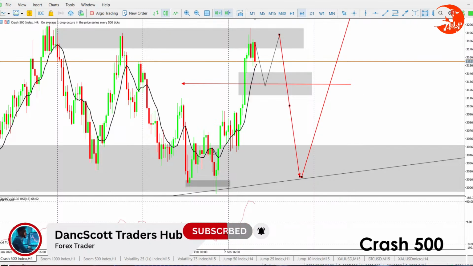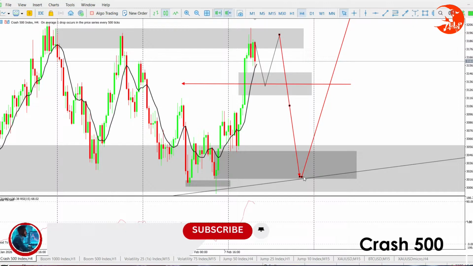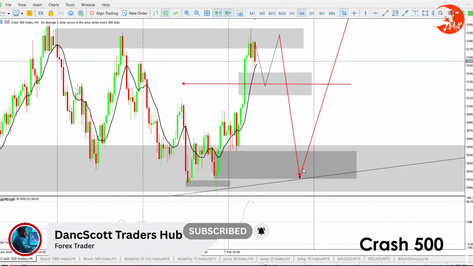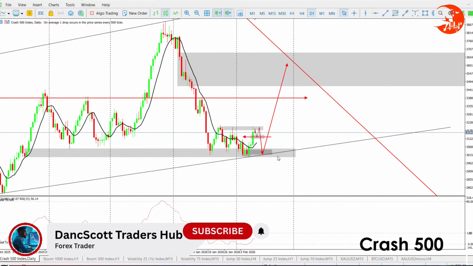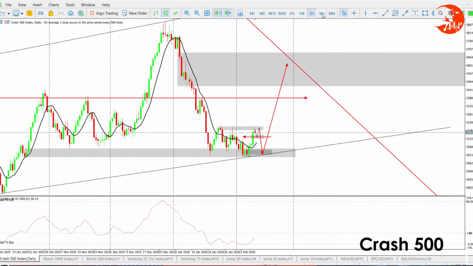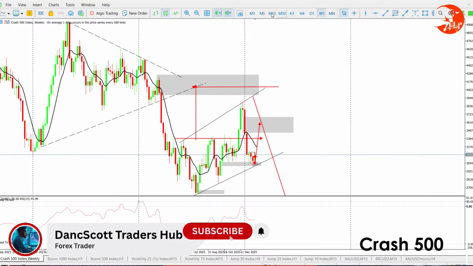In fact, I'm seeing something like that. May react to that, and then we get back in with buys according to daily time frame. So H4 we are going to sell, but then after that, according to daily, we'll be looking for buys, taking us all the way up there. So for now, no business whatsoever.